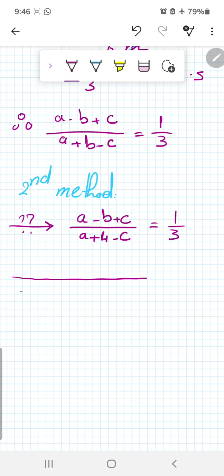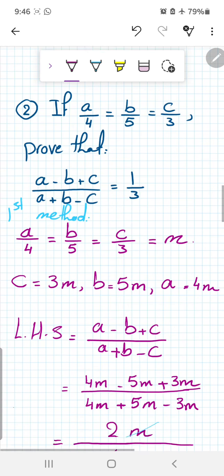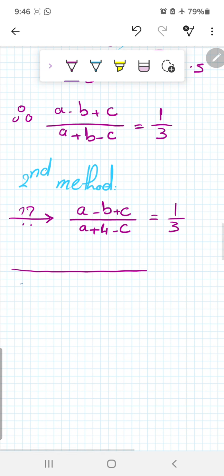Write the first ratio, which is A over 4. Here we have the first ratio A over 4, the second B over 5, and the third ratio C over 3. First we look at the numerator, which is A minus B plus C. So write A over 4.